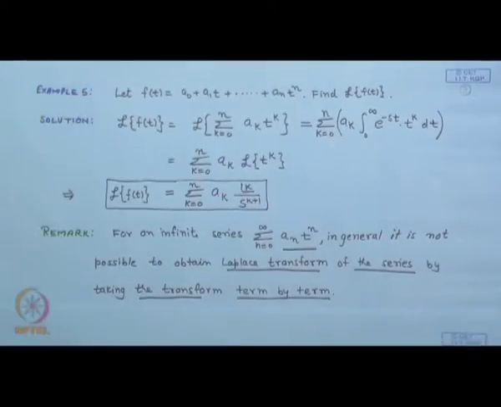If we have finitely many terms, then we can apply the Laplace transform term by term to this sum. But if we have an infinite series, then this is not always possible, and we need to take extra care to evaluate the Laplace transform in that case.